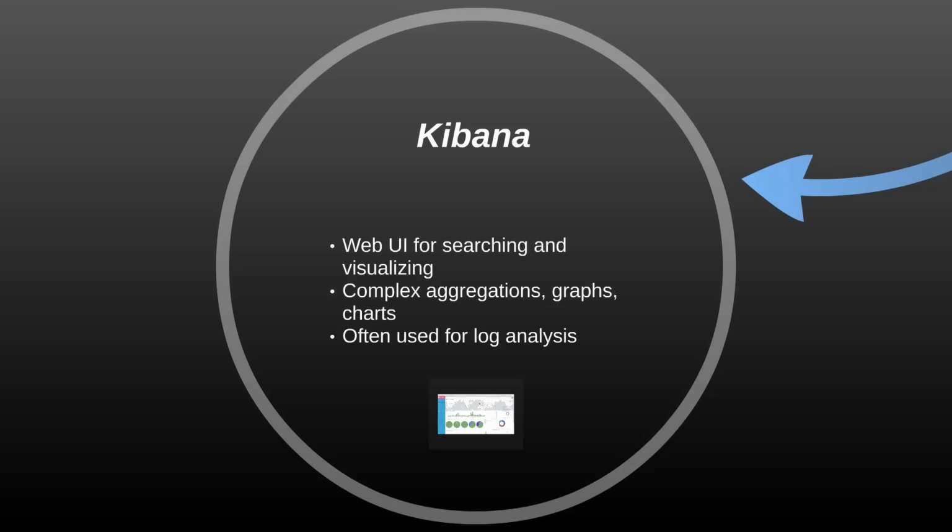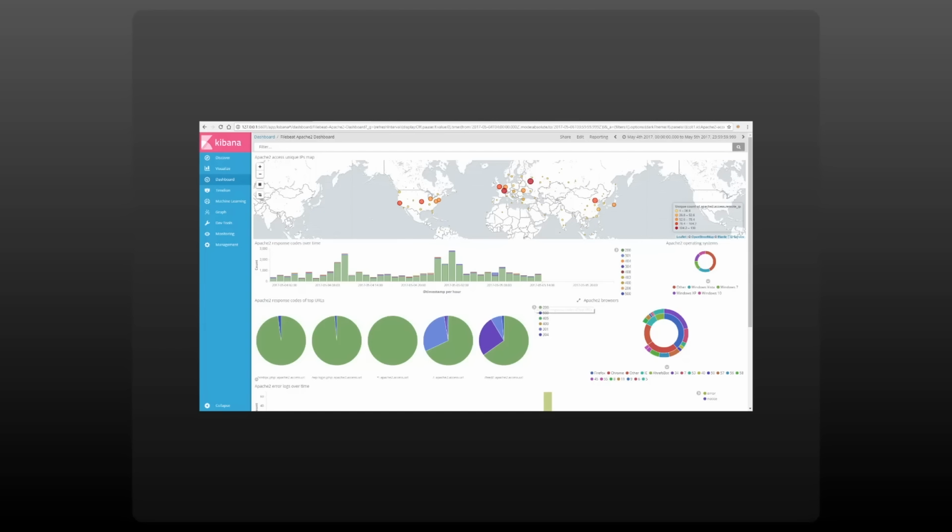Let's zoom in and take a look at what it might look like. So here's an actual screenshot from Kibana looking at some real log data, and you can see there are multiple dashboards built into Kibana, and this lets you visualize things like where are the hits on my website coming from, and what are the error response codes, and how are they all broken down, and what's my distribution of URLs, whatever you can dream up.